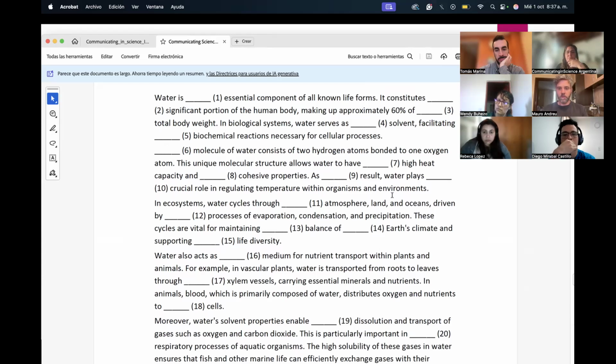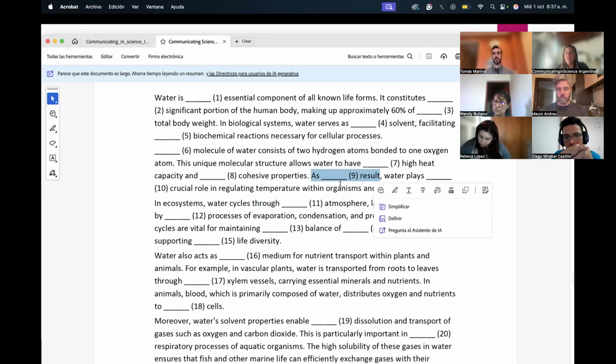Perfect. Continue. The next sentence: As a result, water plays a crucial role in regulating temperature within organisms and environments.